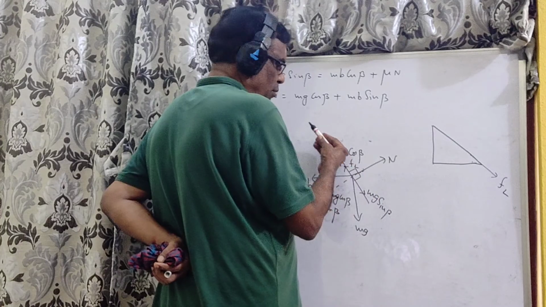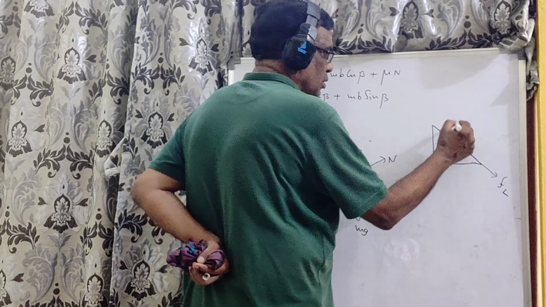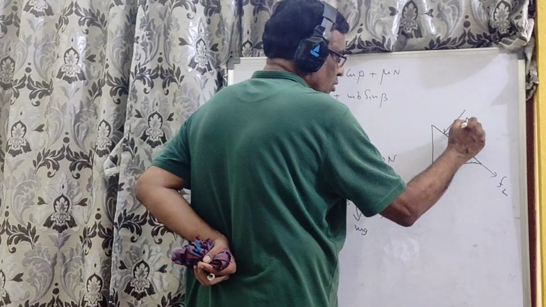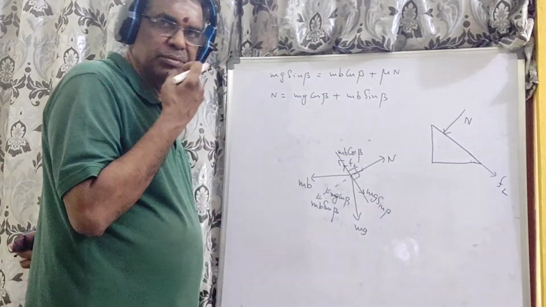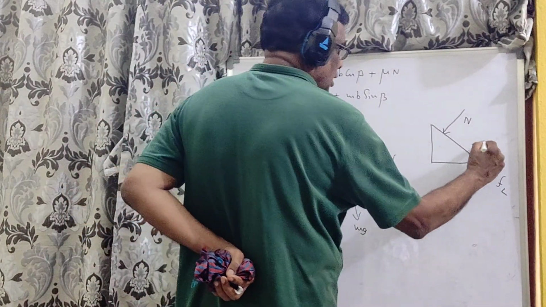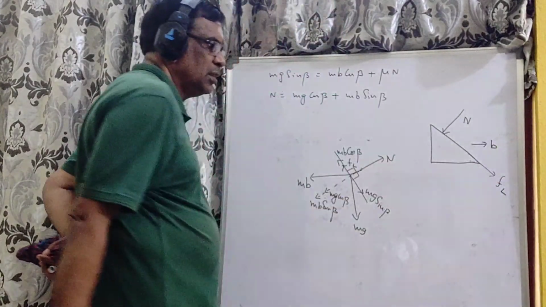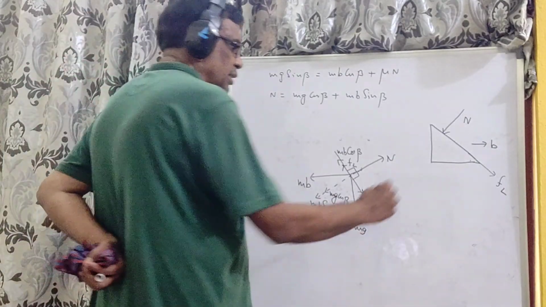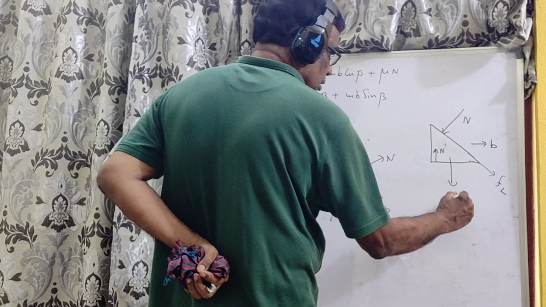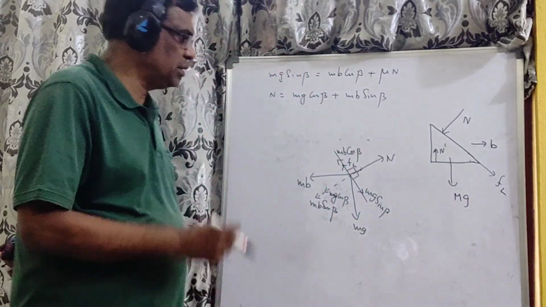You see, FL upwards, reaction downwards. N in this way, therefore N in this way. These are all the interactive forces. And you say this is going with V on the other side. Now this is your N dash, this is your capital Mg.